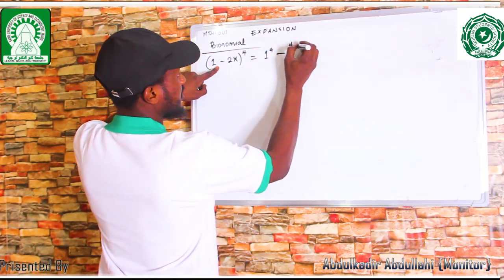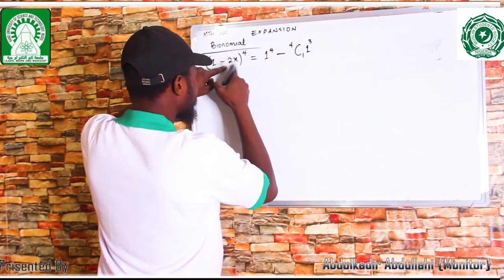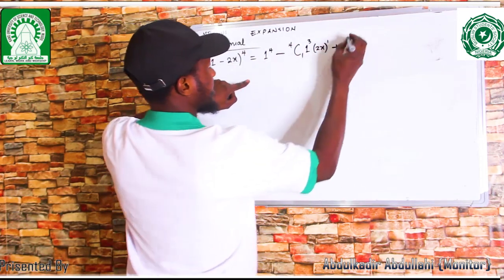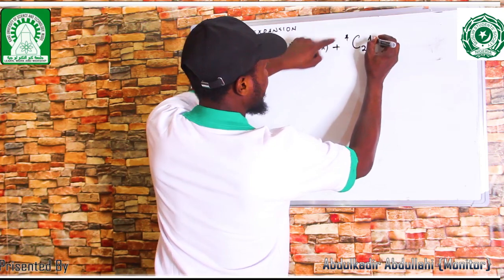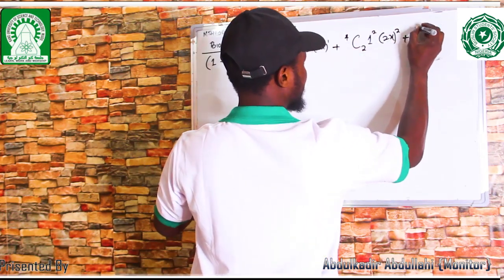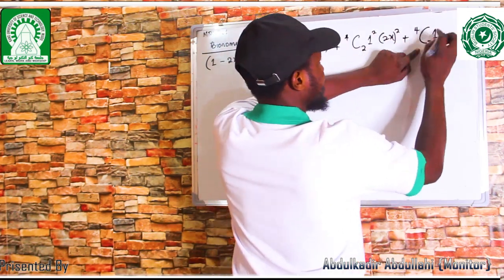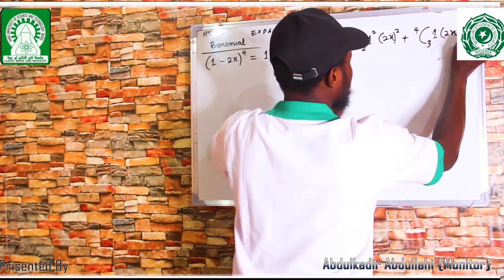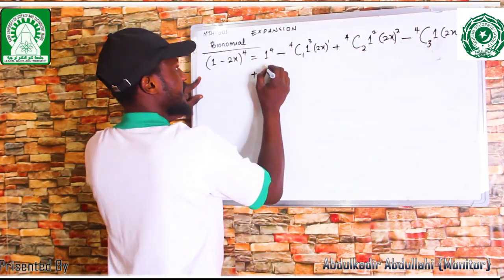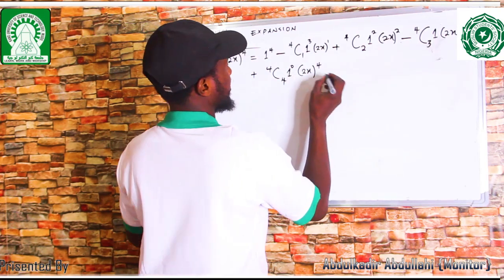Now the next one is 4 combination 1, then the first number is 1, 4 minus 1 is 3, then we take all this as our x, 2x power 1, this is minus, plus 4 combination 2, 1 power 2, then 2x power 2, minus 4 combination 3, 1 power 1, then 2x power 3, then the last one is plus 4 combination 4, 1 power 0, then 2x power 4. That's all.